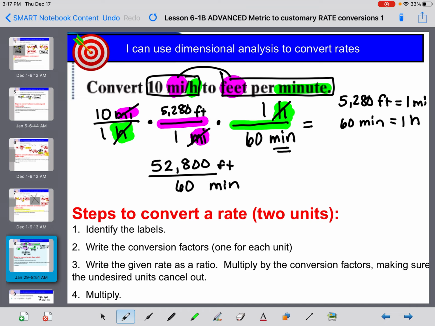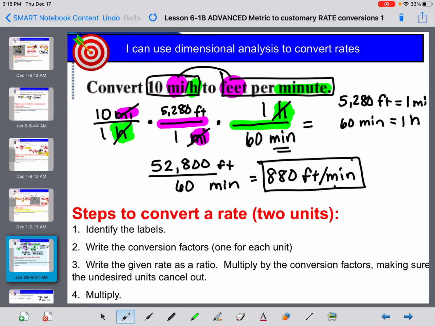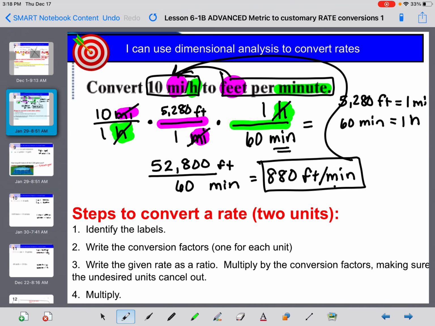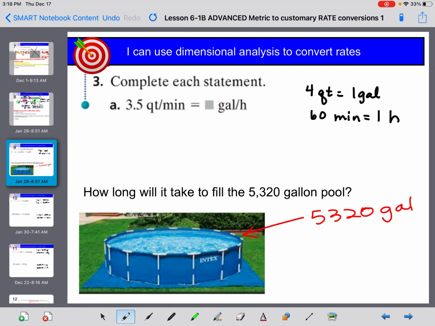I can simplify that by saying 52,800 divided by 60, and go ahead and use that calculator, is 880 feet per 1 minute. Is the same as 10 miles per hour. All right, this takes a little bit of time, but you'll get used to it.